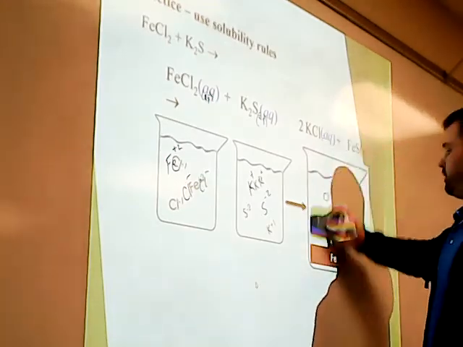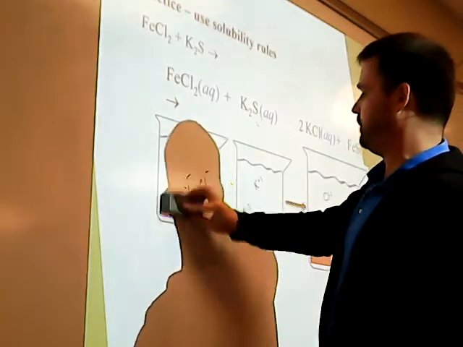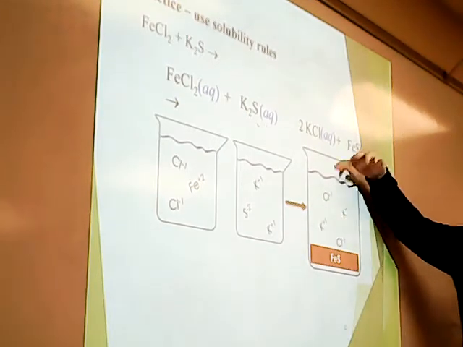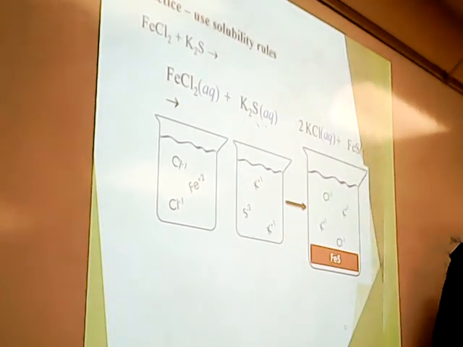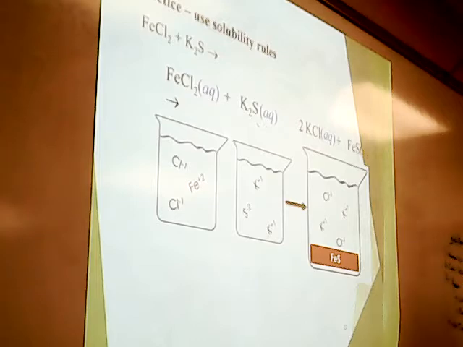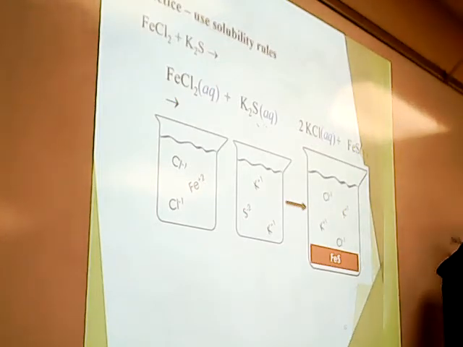Now, those of you that really paid attention to the lab, what station was like this? Station number 4, right? Where we added the 2 clear liquids. Now listen. When you're asking the question, Holly, of do I write the products or do I write what's produced, produced and products are the same thing, right?